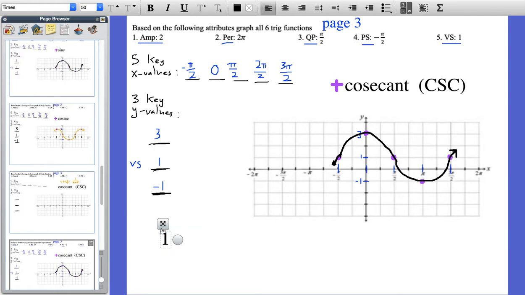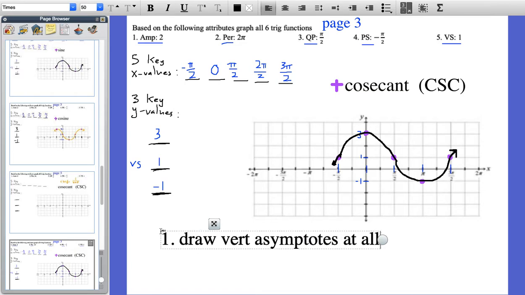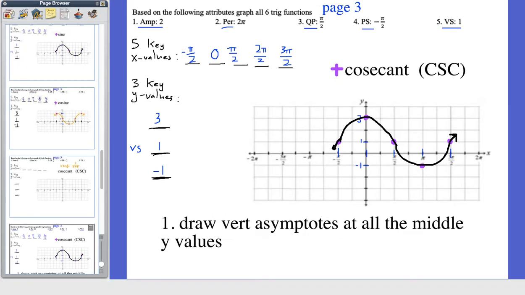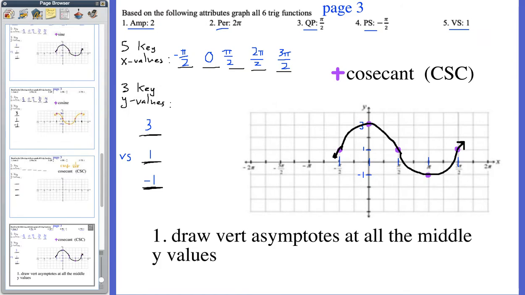The first is we draw vertical asymptotes at all the middle y values. What do I mean by middle y values? What I mean by middle y value is these three key y values. The middle one is 1.